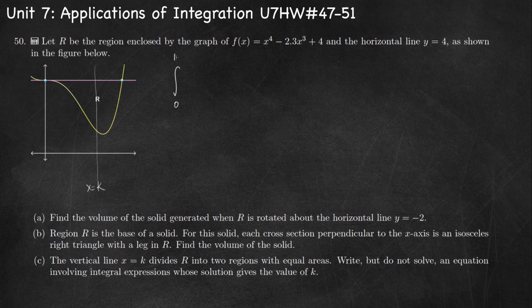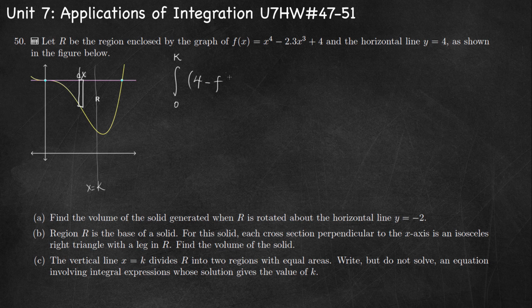So I'm going to go from 0 to k, okay, and that area, we're going to do a vertical slice, making this dx. So we're going from x equals 0 to x equals k, and we're going to do the top y minus the bottom y. So 4 minus f.